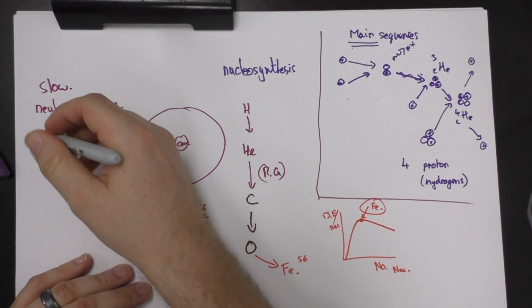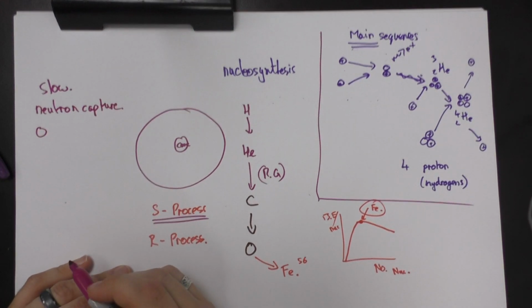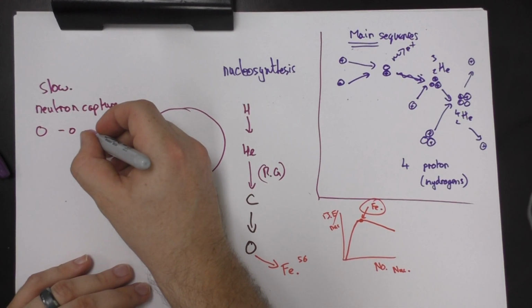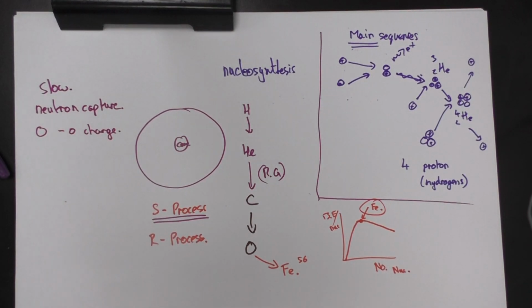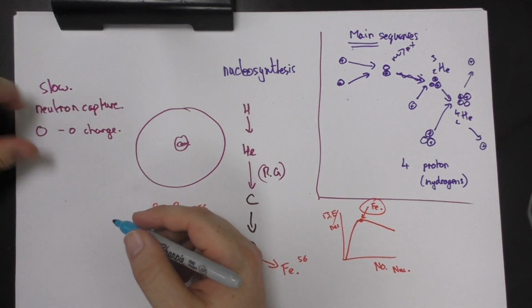Now, the cool thing about neutrons is that they are neutral. They have no charge. And that zero charge allows them to do something very, very specific indeed. It allows them to attach to elements without the problem of electrostatic repulsion.